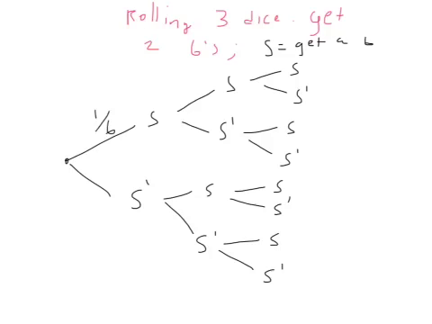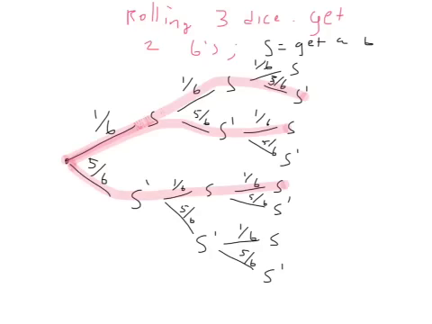Let's fill out some probabilities. The probability of getting a 6 is 1/6, and not getting a 6 is 5/6. So we have all of these probabilities here. I've filled out the probabilities and shaded in the pathways that will give me exactly 2 sixes.